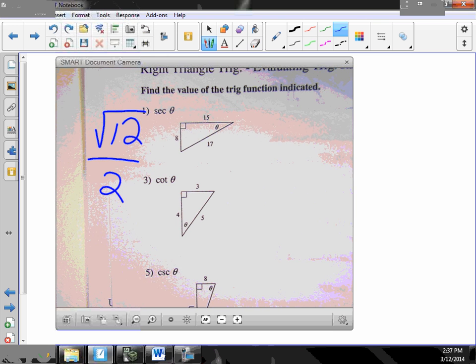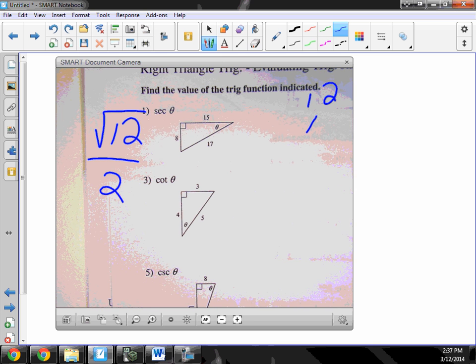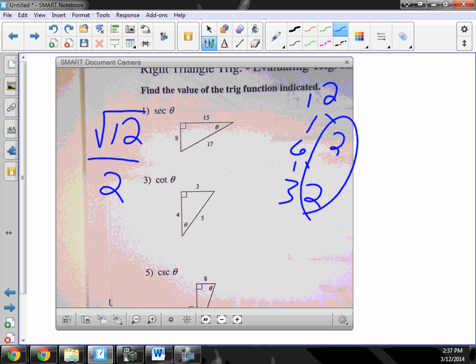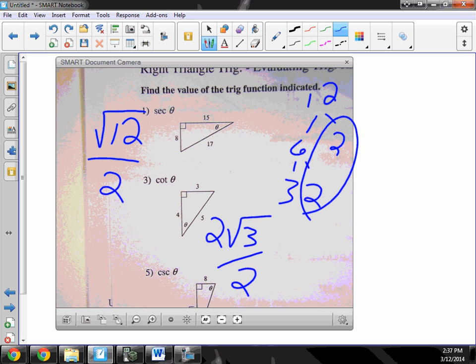So 12, what goes into 12? 6 and 2, 3 and 2. Can I pull anything out? I can pull out the 2's. So I have 2 root 3 over 2. And the 2's cancel. So that's one thing you need to remember.